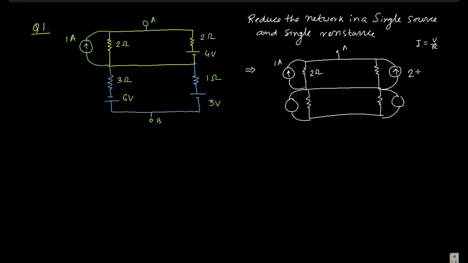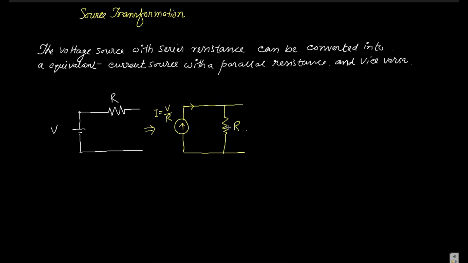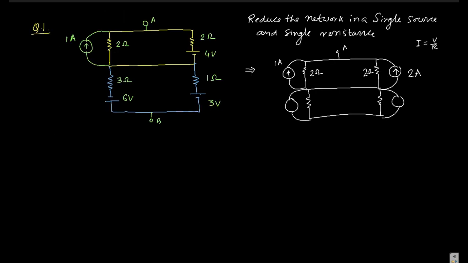That is 2 ampere, and it is the same 2 ohm, because there is no effect on R when a voltage source in series with a resistance is converted into a current source with a parallel resistance, but the magnitude of the current source becomes V by R. So here it is 6 by 3, that is 2 ampere, 3 ohm, and it is 3 by 1, that is 3 ampere, 1 ohm.